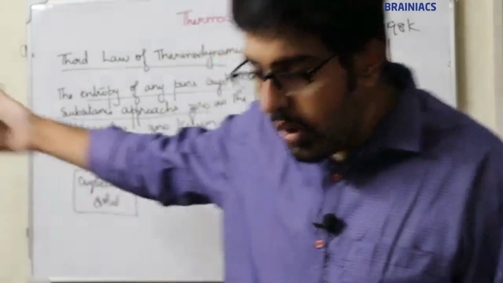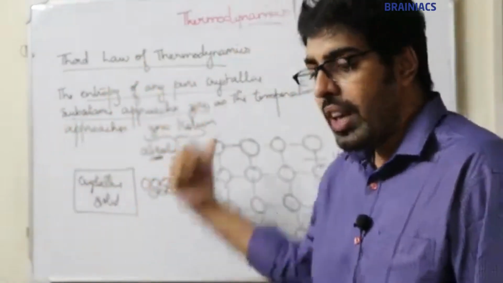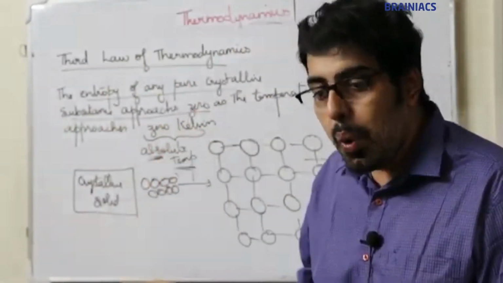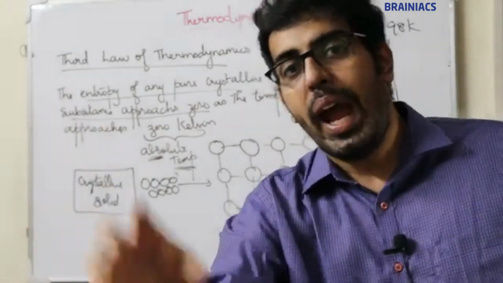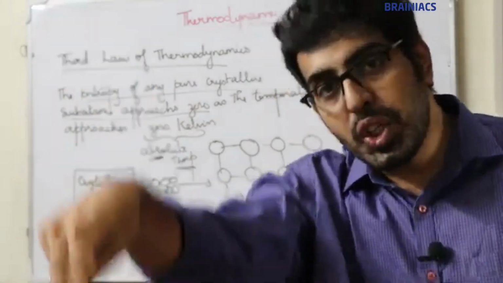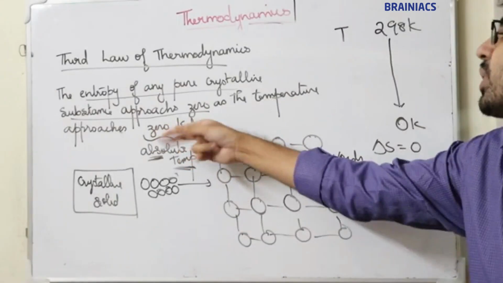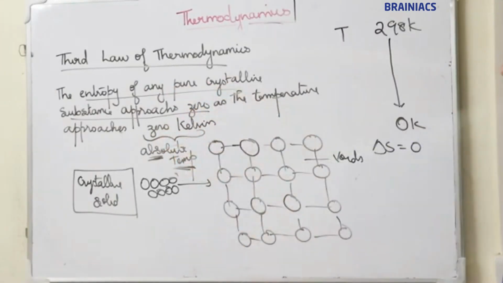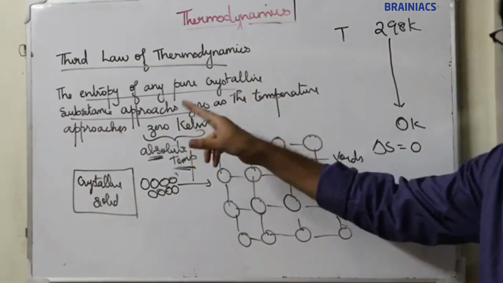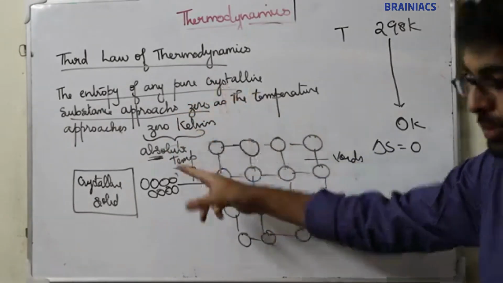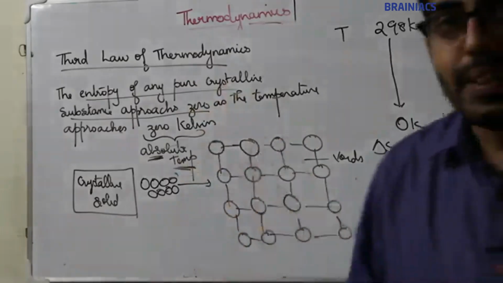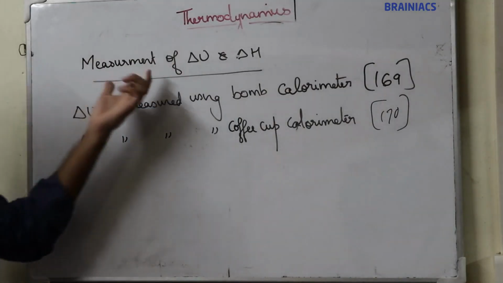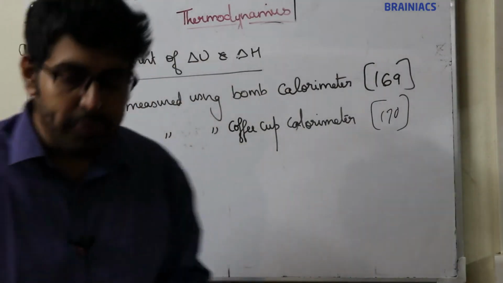So the third law of thermodynamics states that for a crystalline solid, the entropy approaches 0. Disorder becomes 0 only at 0 Kelvin or absolute temperature. I think it's clear. Moving on to the next topic, measurement of delta U and delta H.